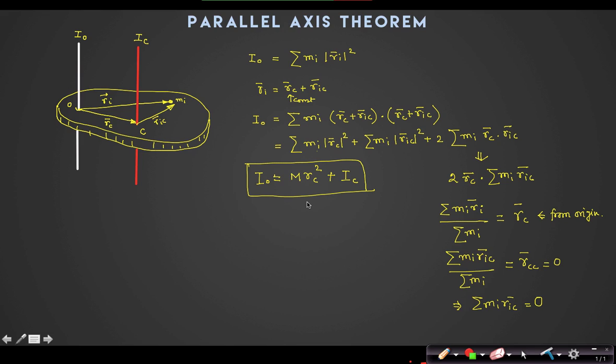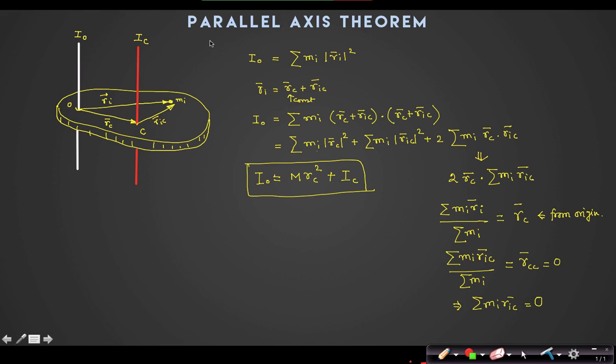Very important to understand. I_O is the axis of rotation through O. I_C is not any axis of rotation. I_C is the axis of rotation passing through center of mass and parallel to the original axis of rotation. So I_O is the axis through O, I_C is the axis through C parallel to I_O, and their relation is I_O equal to I_C plus M r square.